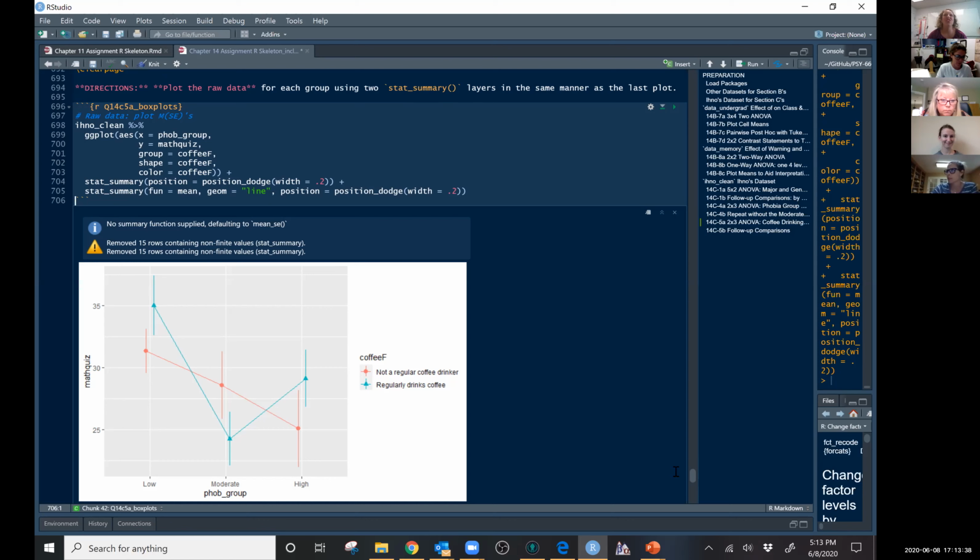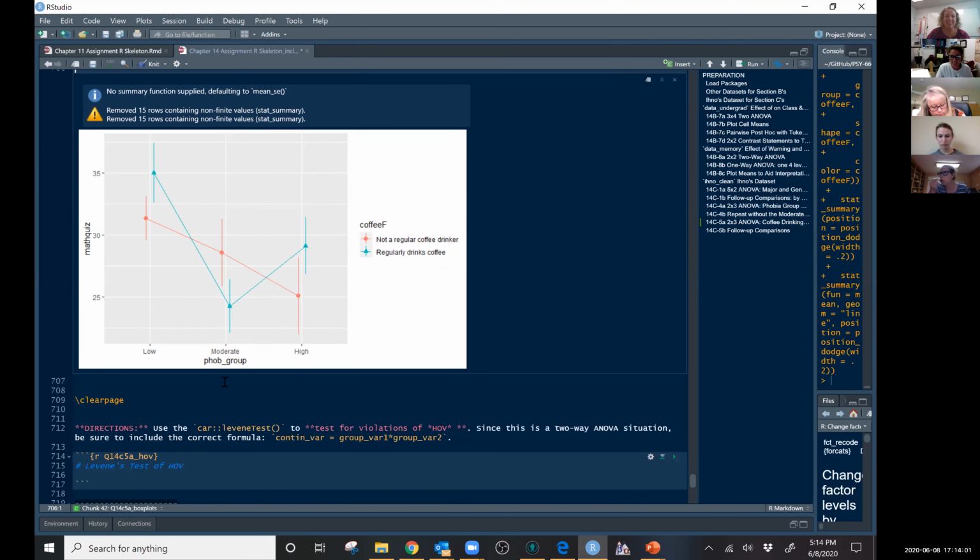Disordinal, because they cross. Yeah, the order swaps. Here, the coffee drinkers are higher, then lower, then higher. So we see a disordinal pattern, but do you think it's statistically significant? Yeah, I think it probably is.